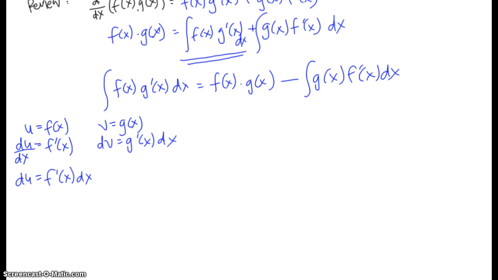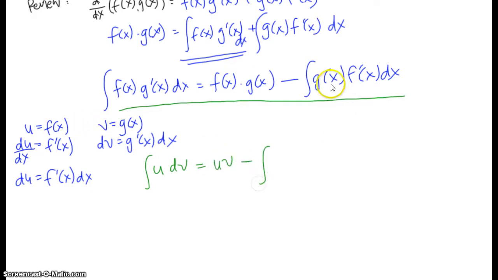And then I'm going to replace all of this here and simplify a bit. So the integral of f of x, g prime of x dx, where g prime of x dx is dv, is going to equal f times g, or u times v, minus the integral of g of x, which is v, times f prime of x dx, and f prime of x dx is du.